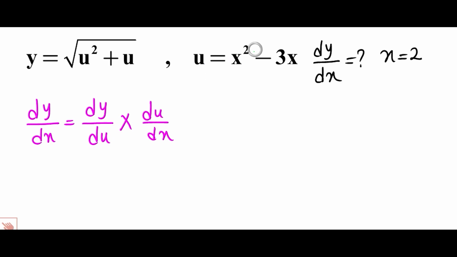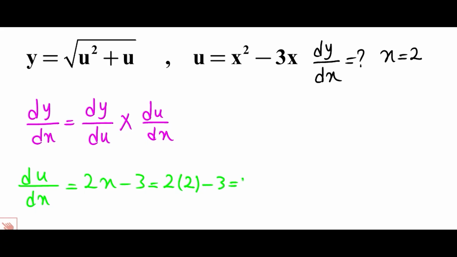Let's look at u. u is equal to x squared minus 3x. So the derivative of u with respect to x is equal to 2x minus 3. So at our point x is 2, this value becomes 2 times 2 minus 3, which is equal to 1. So the value of du/dx is 1.